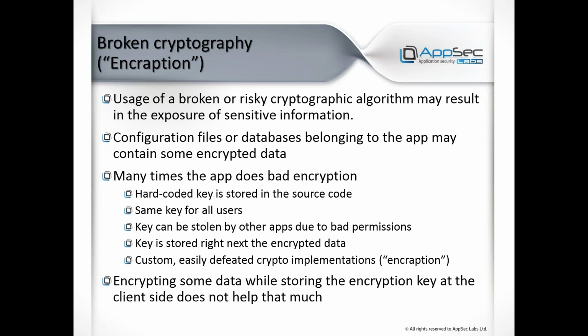Keys that can be stolen from the app due to bad permissions, a key that is stored right next to the encrypted key. Sometimes we see just bad cryptography that the developer invents. For example, he thinks that by taking the strings, shifting a couple of bits, doing XOR with that, or whatever he's doing, he has something that no one knows about. That actually is really bad.